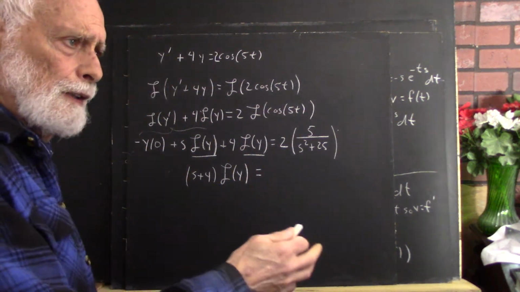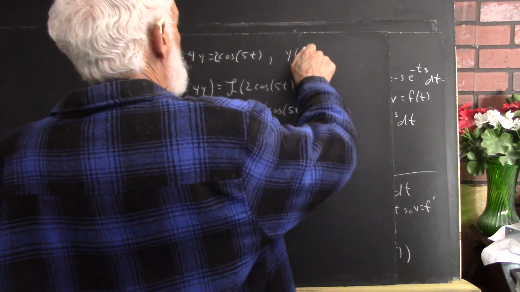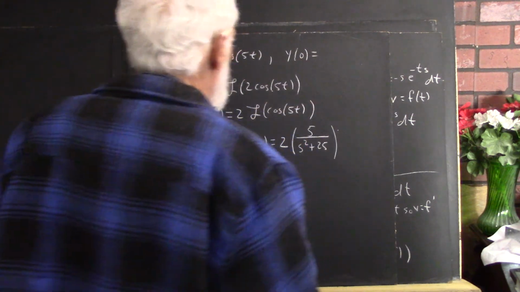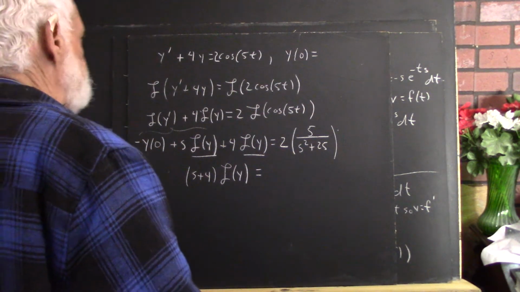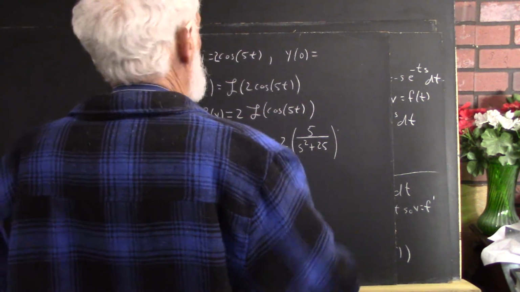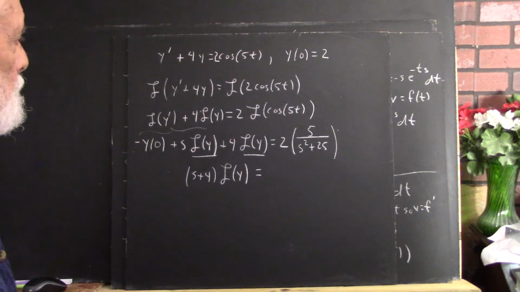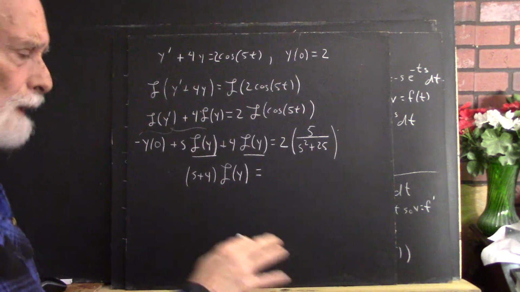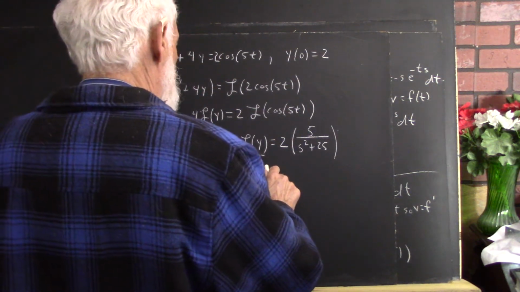Actually, we do need an initial condition. The initial condition, let's say, is y of 0 equals 2. I'm not going to write that in yet, but I could write a negative 2 here. I'm going to keep it in this form for a minute.